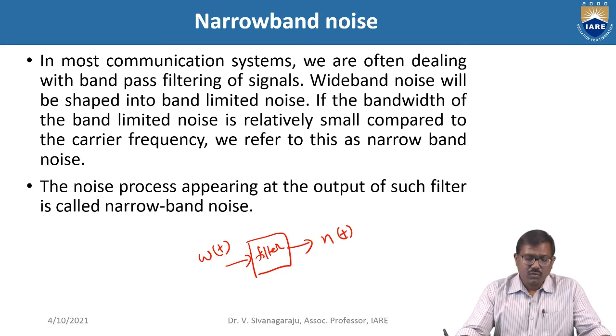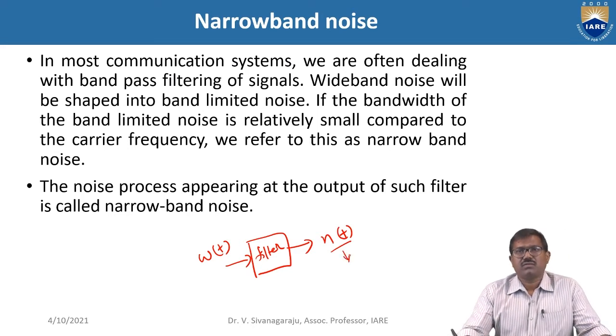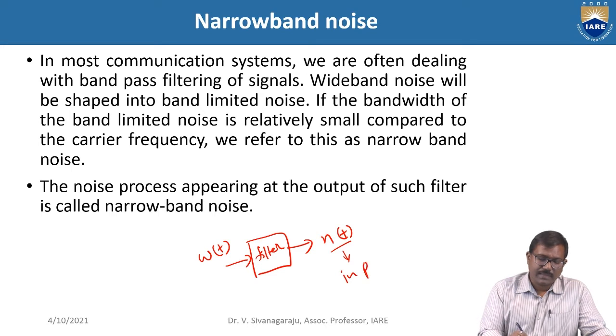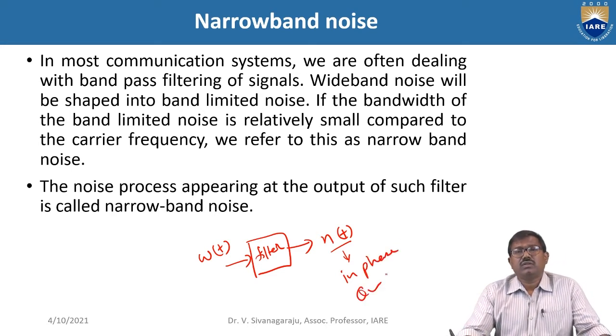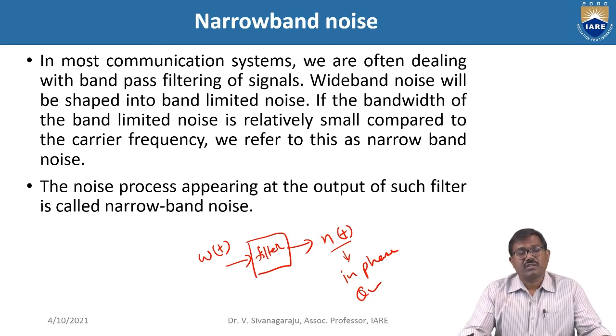Okay. Now for this N of t, what components does it have? There is in-phase and quadrature. So these two components are in this narrowband noise. So we are going to see that in-phase component and out-of-phase component. Okay.